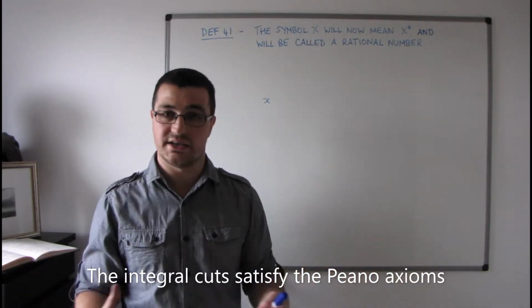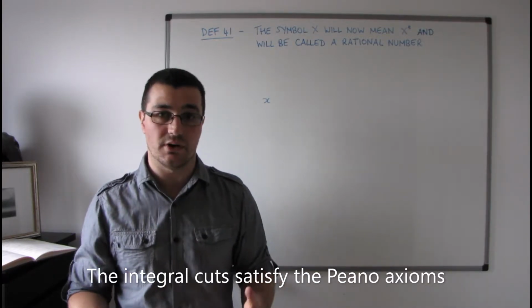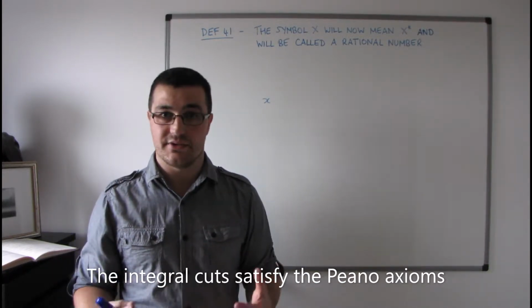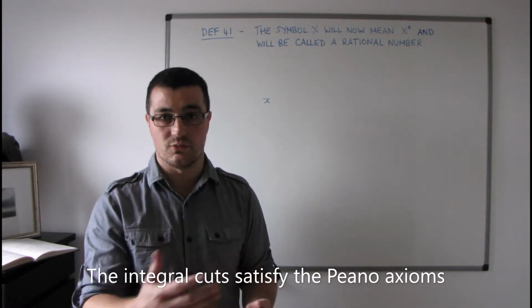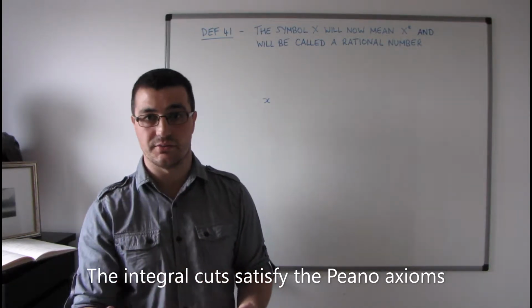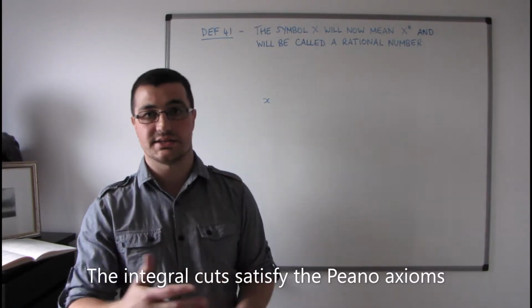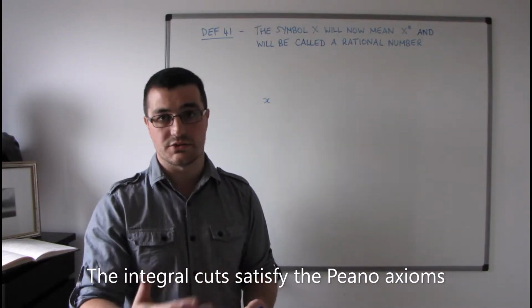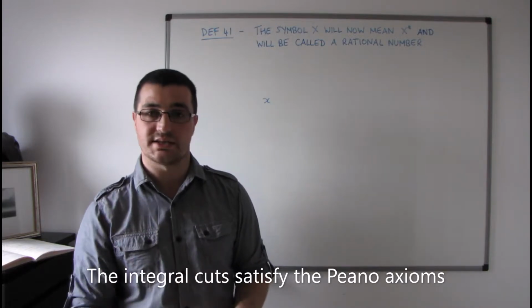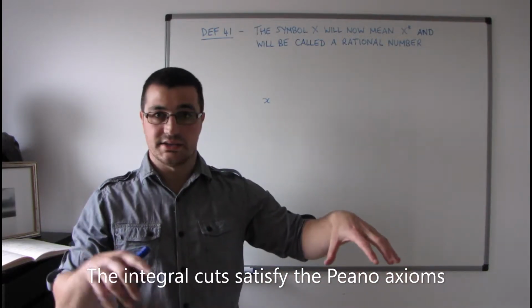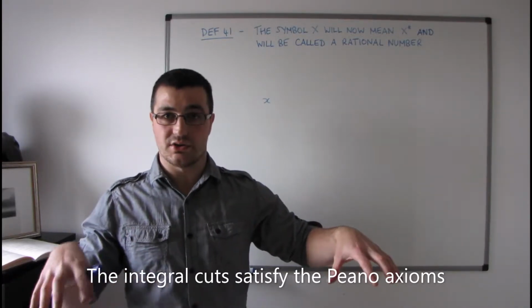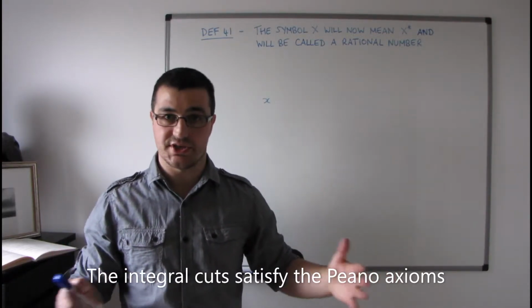And I said earlier regarding Theorem 154 that this was quite a significant theorem, because it shows that if the rational number x is less than rational number y, then x star is less than y star. If x equals y, then x star is equal to y star. So the rational numbers and the corresponding rational cuts have all the same relationships to one another.